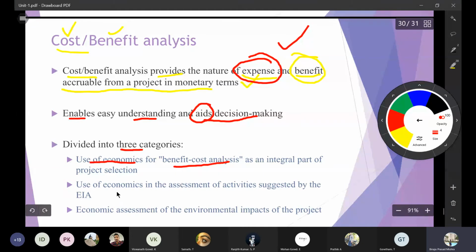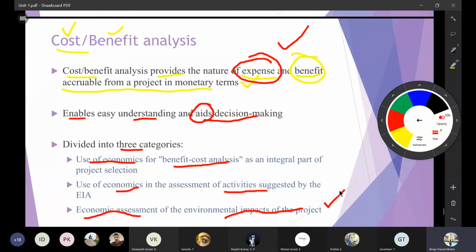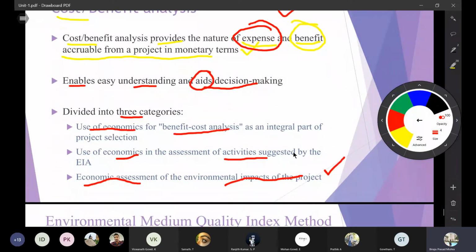It also uses economics in the assessment of activities that are suggested by the EIA, followed by the economic assessment of the environmental impact of the project, which is carried out with the help of cost benefit analysis. So these are some of the basic characteristics of the cost benefit analysis method that is there in your syllabus.